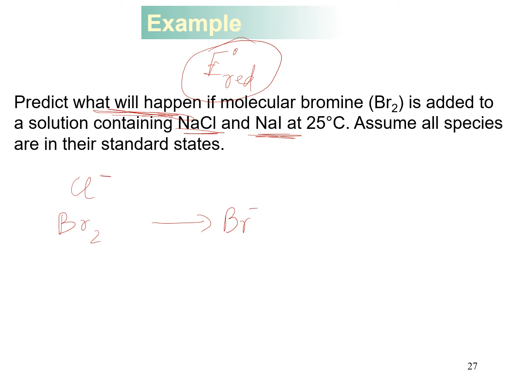So I know Cl minus is getting converted because I have Cl minus. So Cl minus is converted to Cl2, and then I have I minus, which is converted to I2. Now I have to find these in my chart, and then I can tell what is going to happen in the reaction. Okay, so let's go back to our chart.